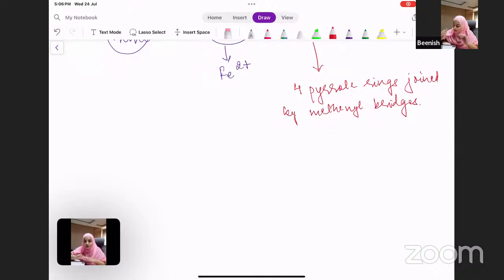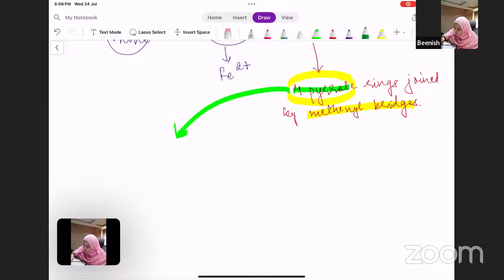And what is porphyrin? I am saying that you have 4 pyrrole rings in porphyrin, which are joined by methynyl bridges. Now what is pyrrole? Pyrrole is a 5-membered ring with nitrogen.